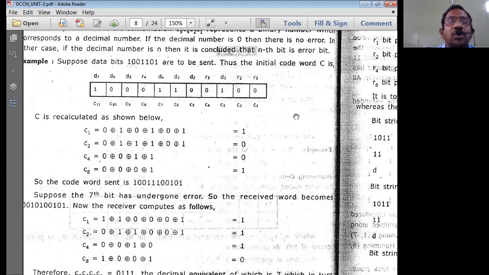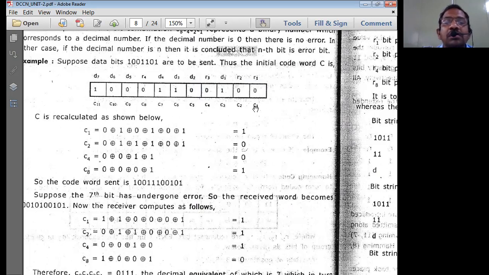Now we'll write the code in the form of this one. That means first of all, write down the redundant bits in the bit positions, where we'll use the 1, 2, 4, 8 positions.